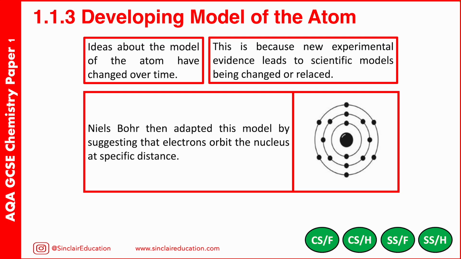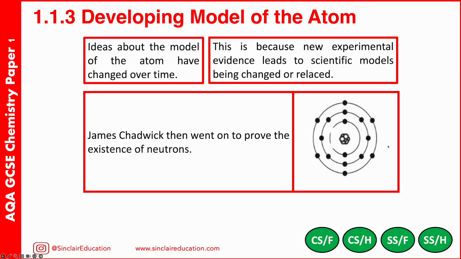Next came Niels Bohr. Now he adapted the model even further by suggesting that the electrons now orbit the nucleus at specific distances. So he is responsible for the rules around the fact that we have 2 electrons in the first shell and 8 in the next. James Chadwick then went on to prove the existence of the neutron.